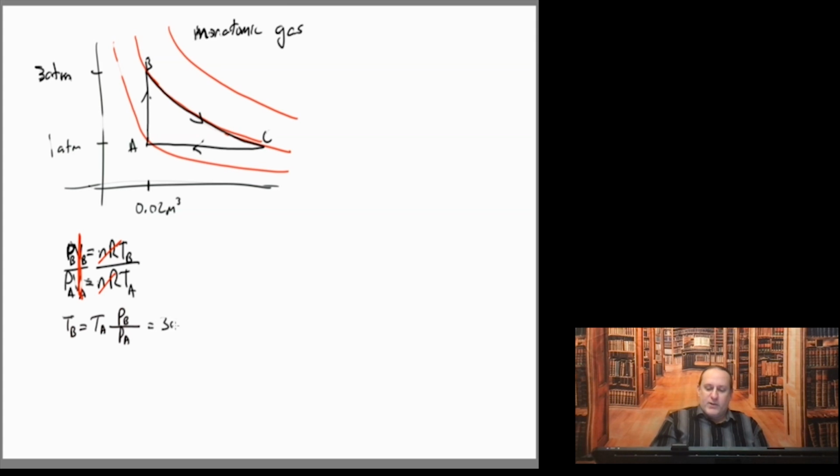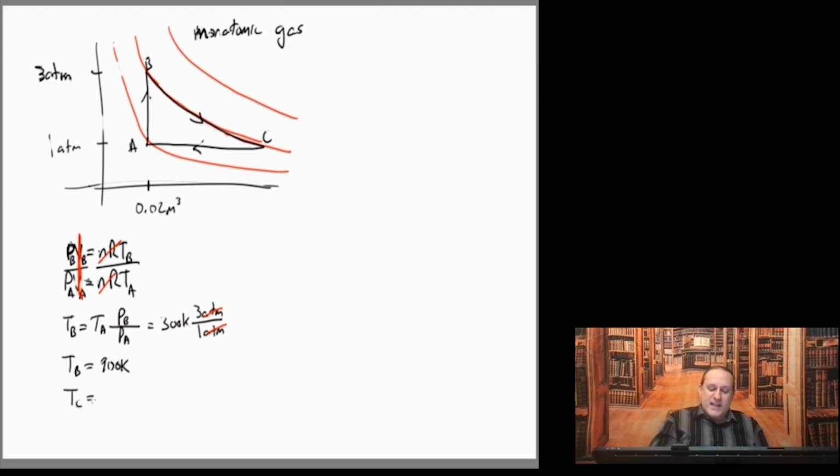So that's 300 Kelvin times 3 atmospheres over 1 atmosphere. I don't need to convert the units into pascals here because they're going to cancel anyway. And so that gives me just 900 Kelvin.